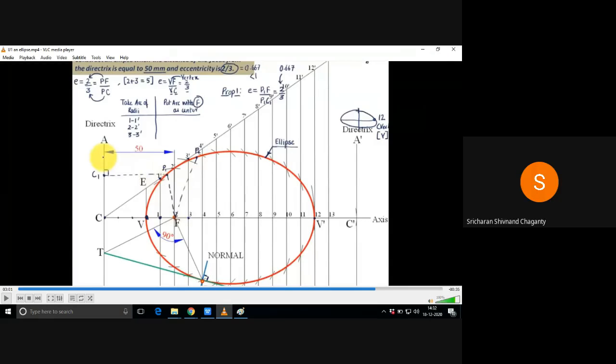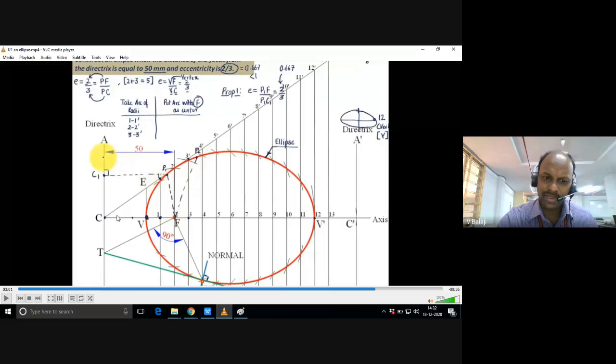Now compare these two. P1C1 is also increasing, right? That means according to the definition, PF by PC or VF by VC is a fixed one. On the axis, VF by VC is constant.